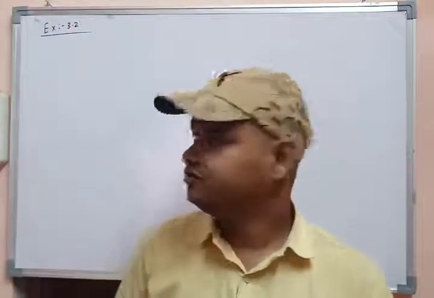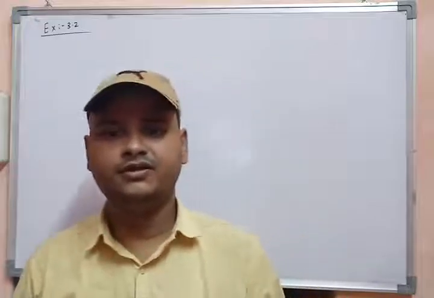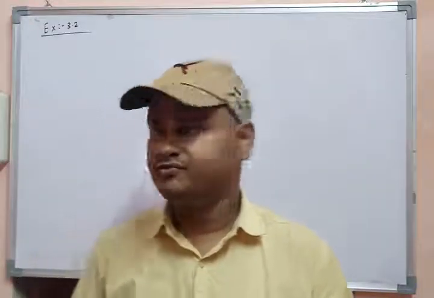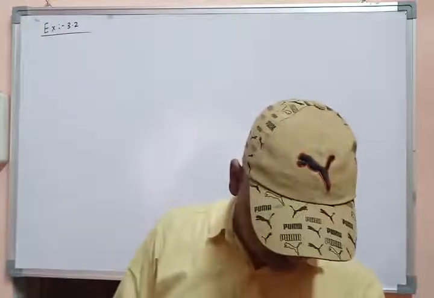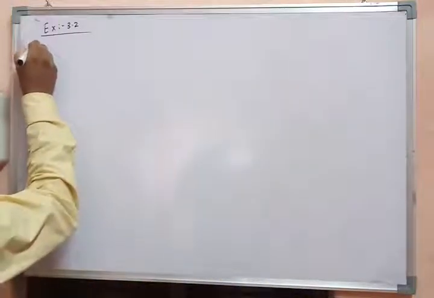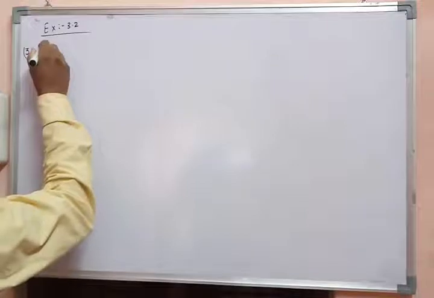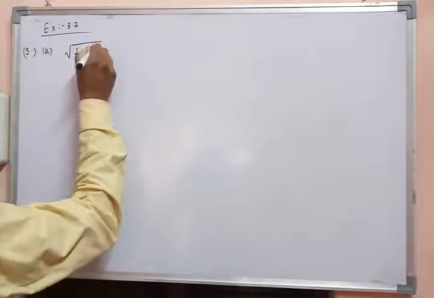In this question we have to learn how we can find the square root of a decimal number. So watch carefully all the steps before solving the question. Okay, so let's start. Under root 1.69.